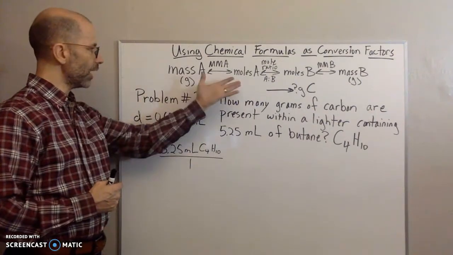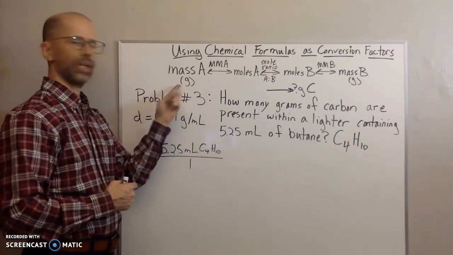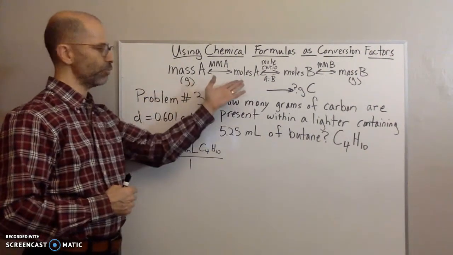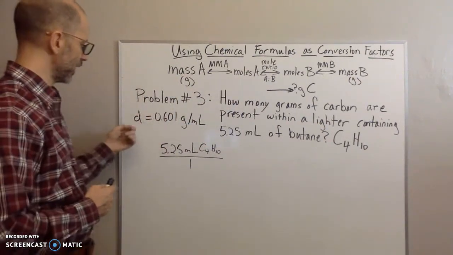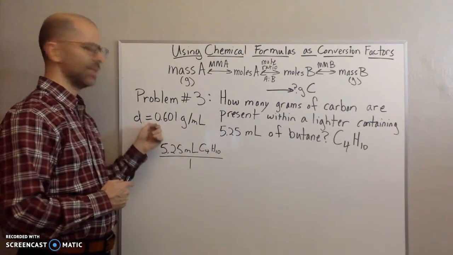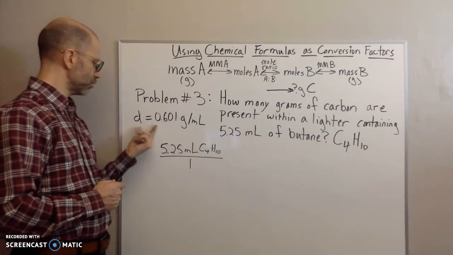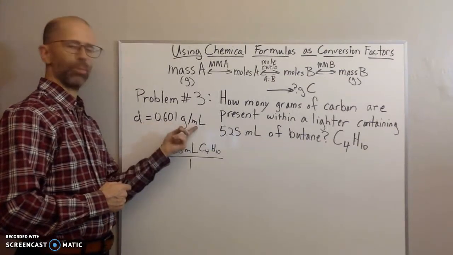To use our highway, we need to get on the highway somehow. If we could get to grams, then that would be a good start, or maybe if we got to moles. But it looks like we'll probably get to grams because look at what they gave us. They gave us the density of butane. That means the density of butane is 0.601 grams per milliliter.